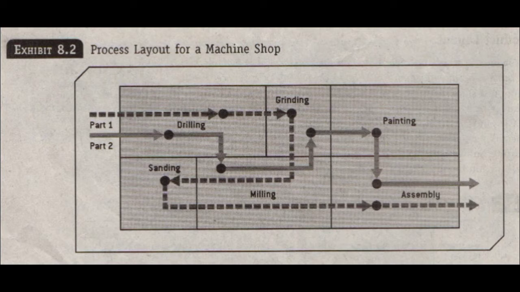Exhibit 8.2 is an example of a process layout for a machine shop, wherein part 1 goes through drilling, grinding, sanding, milling, and assembly, while part 2 goes through drilling, milling, grinding, painting, and assembly of the product.